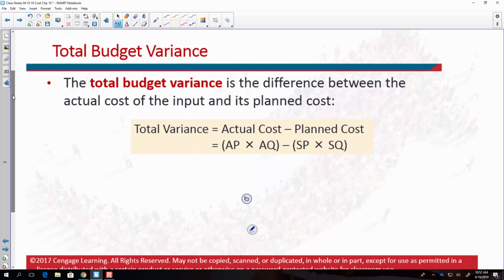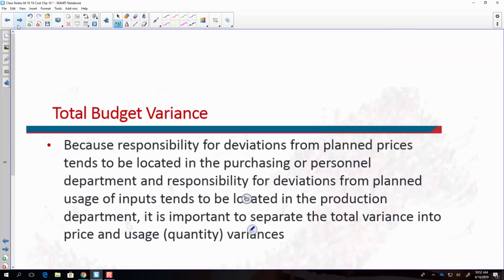Total budget variance is the difference between actual and planned cost. If you notice on your templates, I bring the two price and quantity together into one total in the middle. So that's what we're looking for, a total budget variance. On your exams or exercises, sometimes they'll ask for a price variance or a quantity variance or what the total variance is. Okay? And our templates, again, will help us determine that.